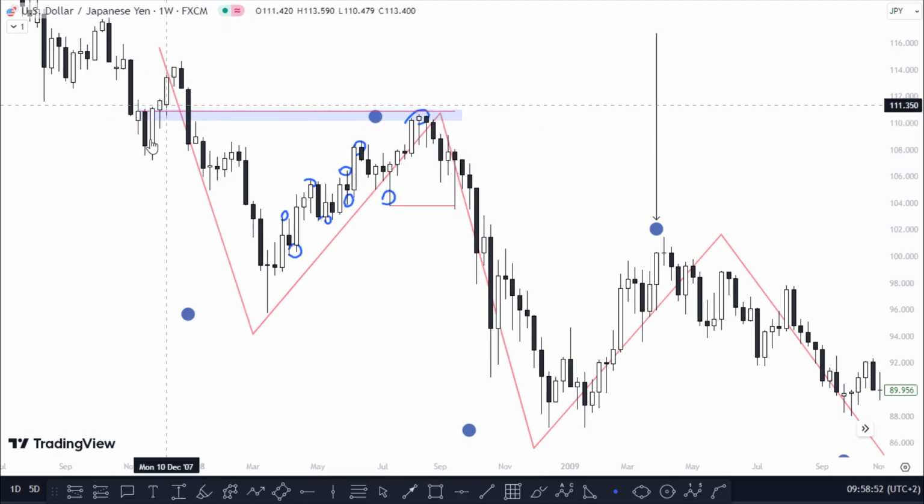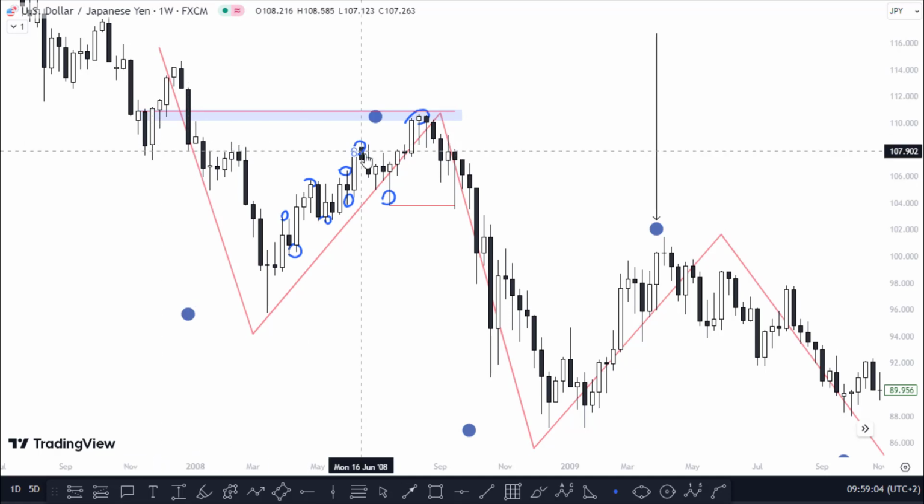Why it has to stop in this area. You understand? Anatomy of a range. This is your secondary zone after BOS here. If you remember anatomy of a range.